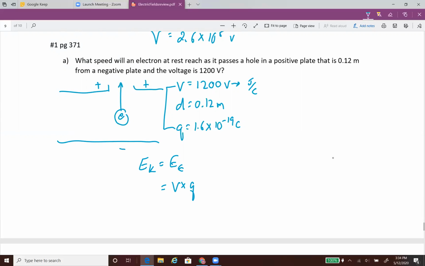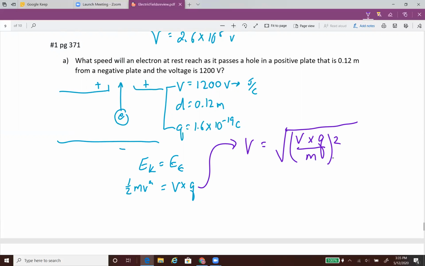Therefore, the kinetic energy equals V times Q. If we want the speed of that electron, v would be the square root of voltage times charge times 2, over m.